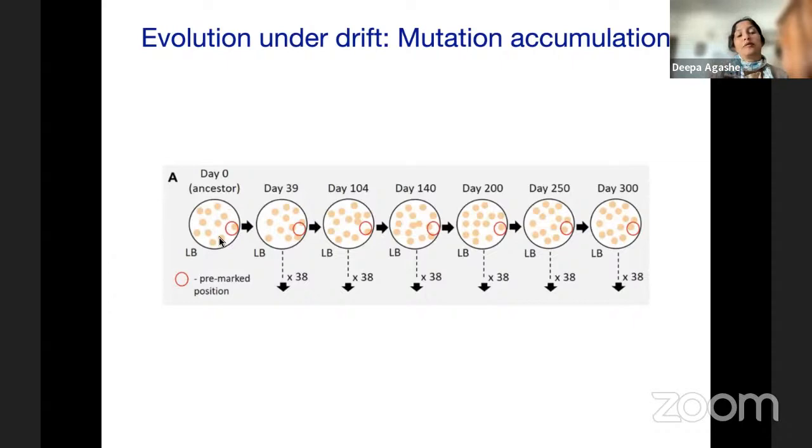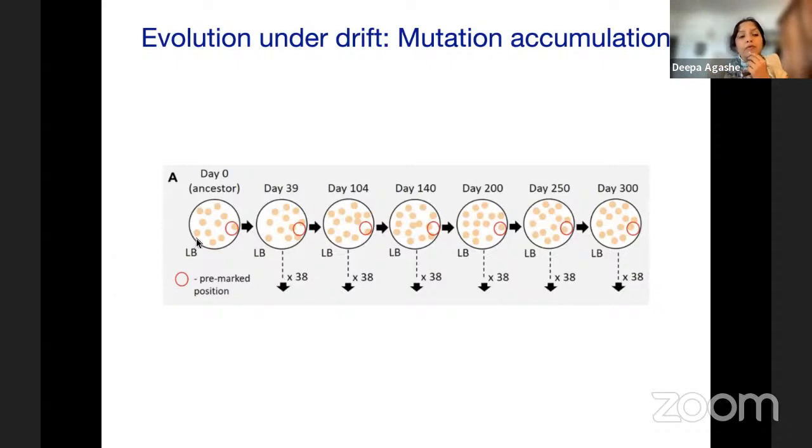You're passaging your population through a series of bottlenecks, ideally having a single individual at each bottleneck, so that every few generations only one genotype is able to pass on to the next generation. That means your population is going to evolve under very weak selection, and primarily under drift. Your effective population size is 1, and that's what you're trying to ensure.